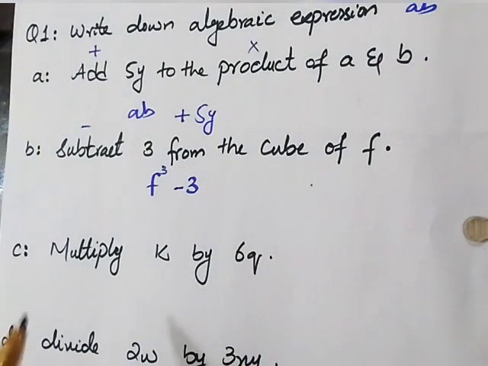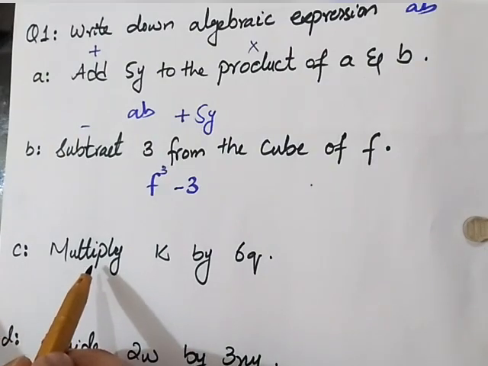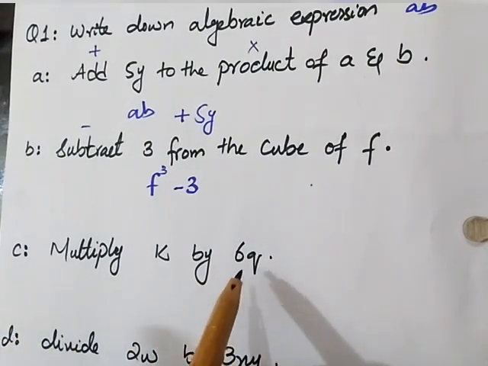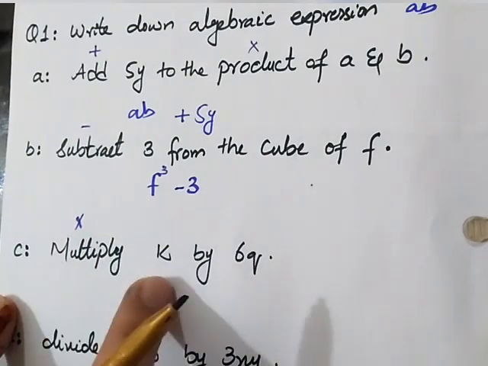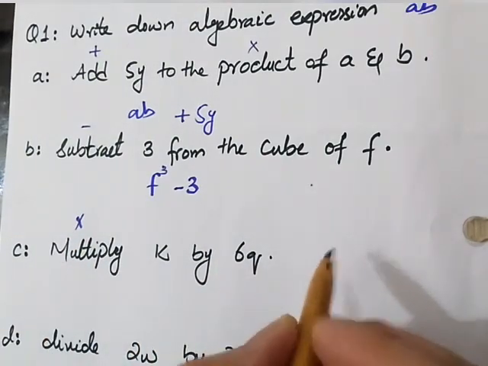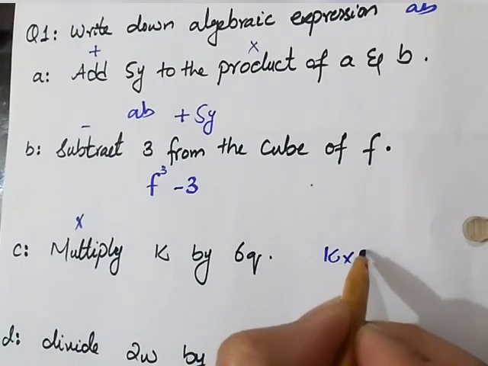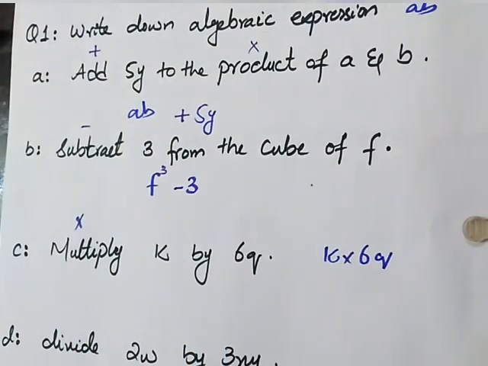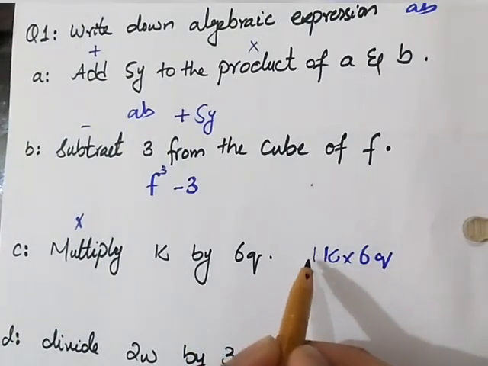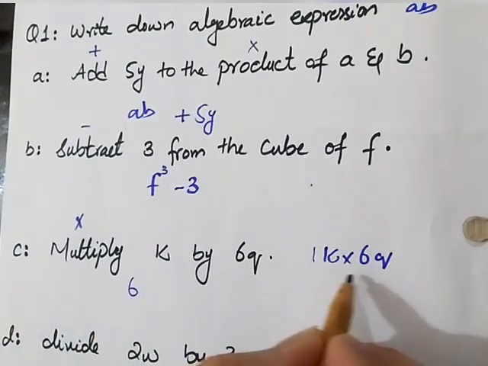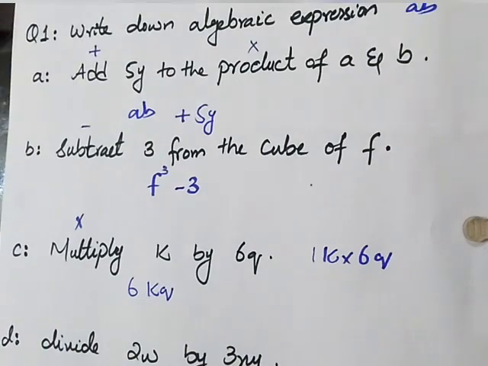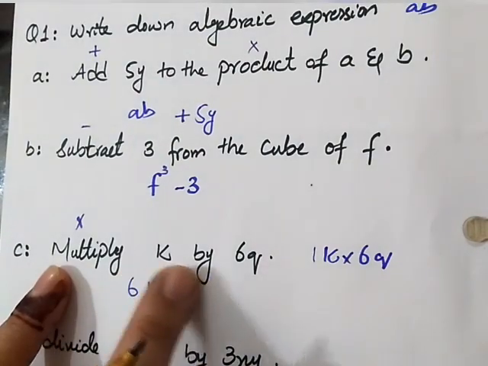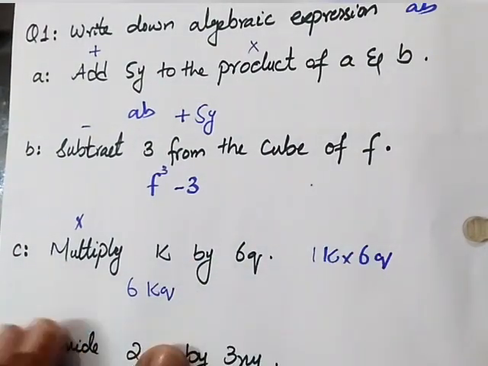Now move towards the third statement: Multiply k by 6q. Multiply means this sign. That means k is multiplied by 6q. You know the coefficient of k is 1, and 6 ones are 6. We write down the variables together, k, q. So we multiply together.